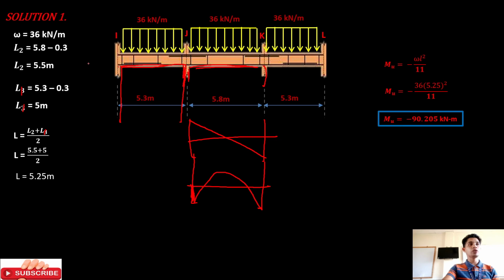Pwede tayong moment equation method, or slope deflection method, o pwede rin sa software, sa STAAD, pwede natin gamitin para makompute natin yung mga reactions sa column na to, din yung shear and the negative moment or critical moment sa ating members. So, ito yung para mapadali. Approximate lang ito. So, hindi ito yung exact value.